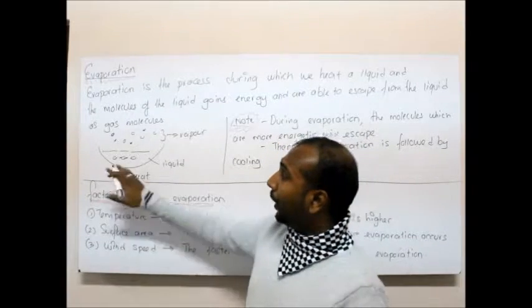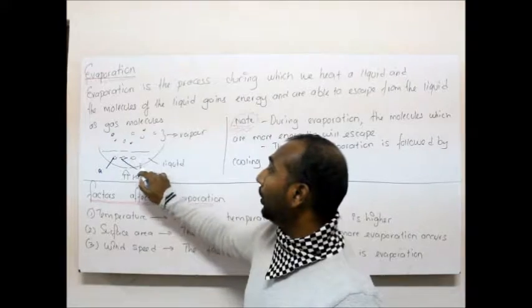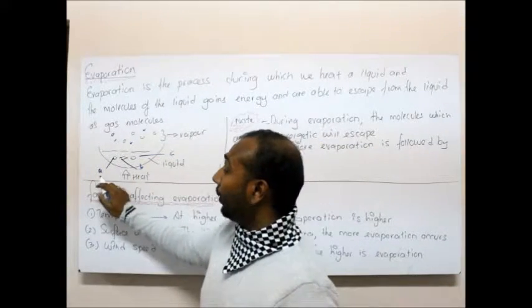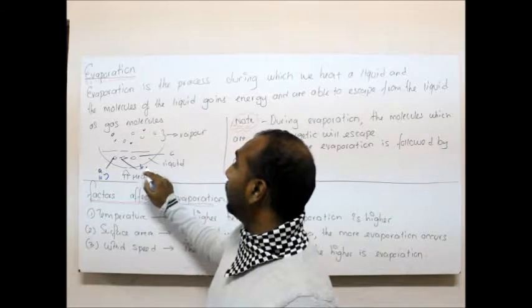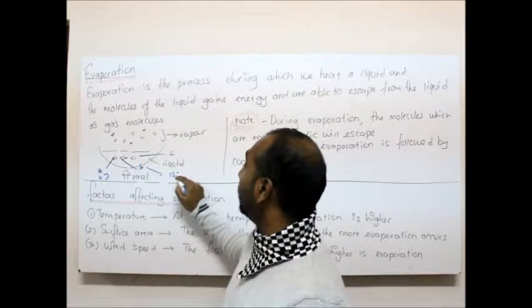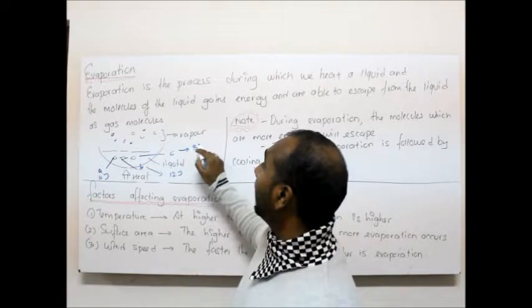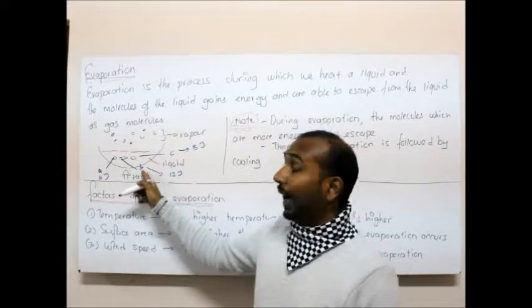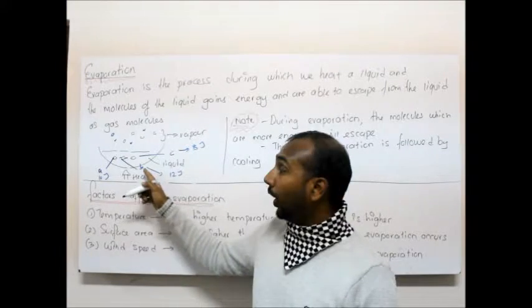So let's say we have molecules A, molecules B, and molecule C. Let's say molecule A has 10 joules of energy, molecule B has 12 joules of energy, and molecule C has 8 joules of energy. Since molecule B has the most energy, it is the most energetic.